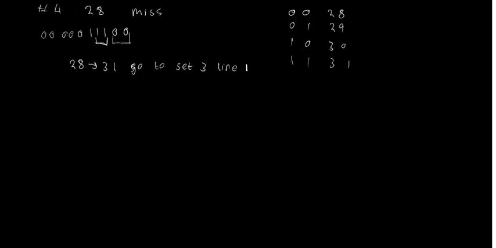Then we're going to go to access 5, which is 29. This is going to be a hit. Why? Because it was loaded in over here. Then we're going to go to access number 6, which is 44.